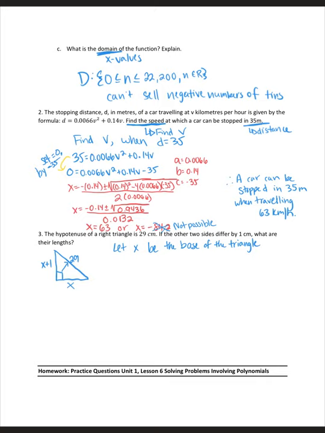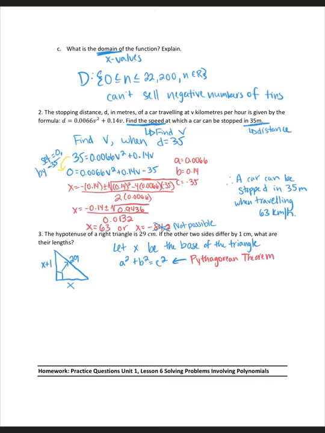Hopefully you can remember that we do have an equation for a right triangle when we're trying to find a side. It looks something like this: a squared plus b squared equals c squared. And recall, this is our Pythagorean theorem.